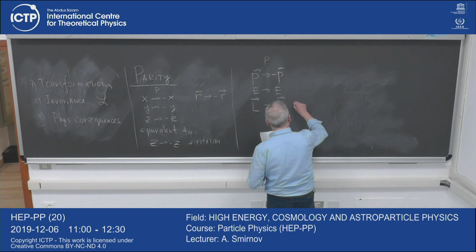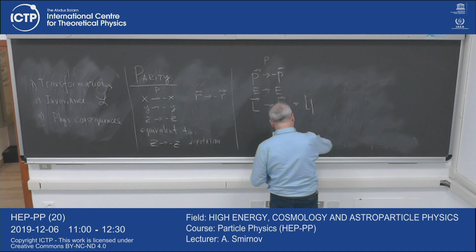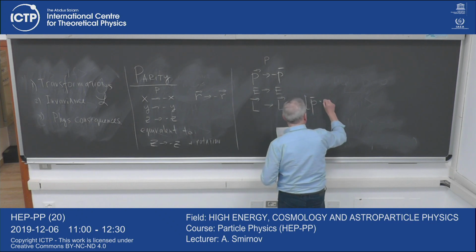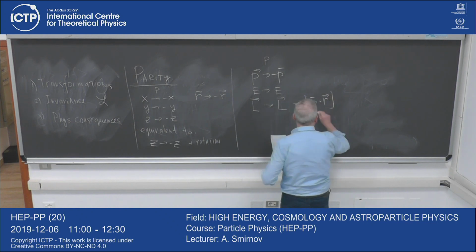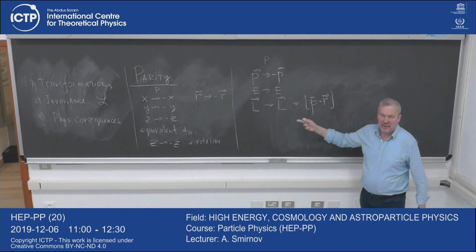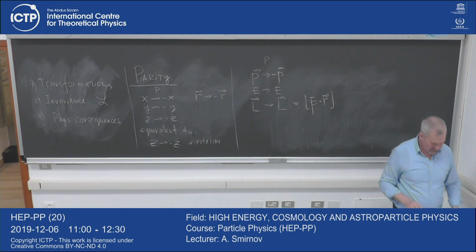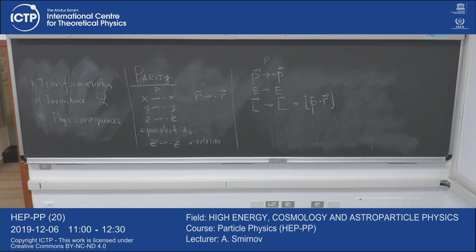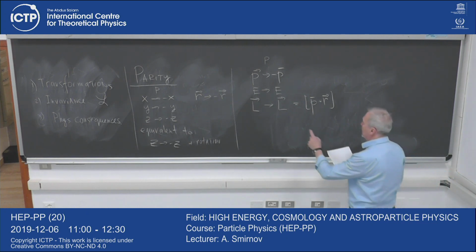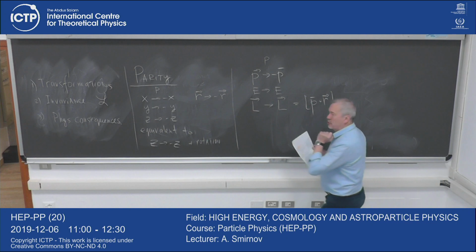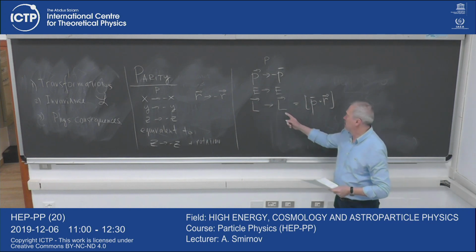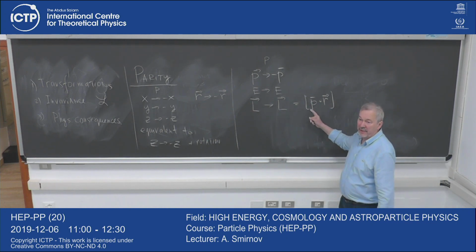On the other hand, the angular momentum is given by the vector product of momentum and radius. Both change the sign, the product doesn't, right? So how do we reconcile these two things? This is important, so you need to understand. On the one hand, since you have some vector, it should change the sign. On the other hand, it's the vector product of two other vectors which do change the sign, and the product doesn't.